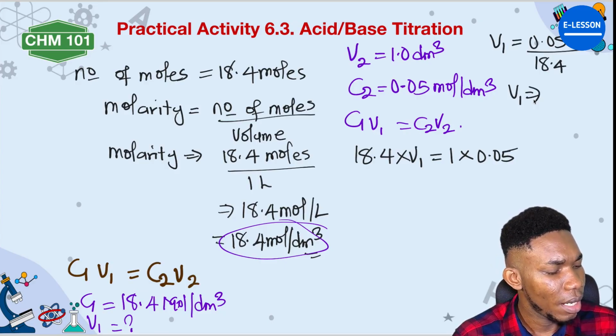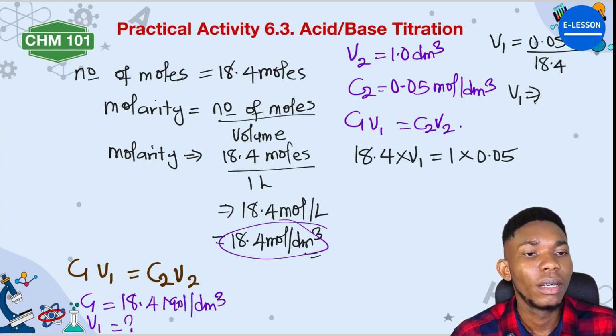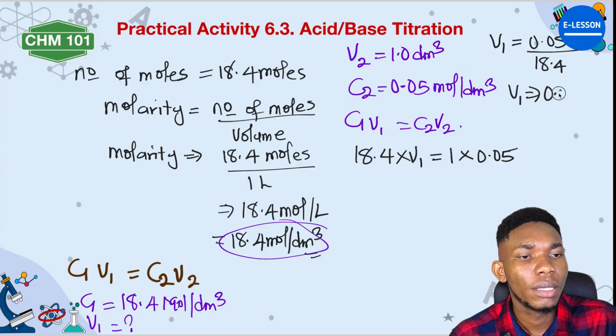So let's press our calculator: 0.05 divided by 18.4. My dear student, that will give us 0.0027.